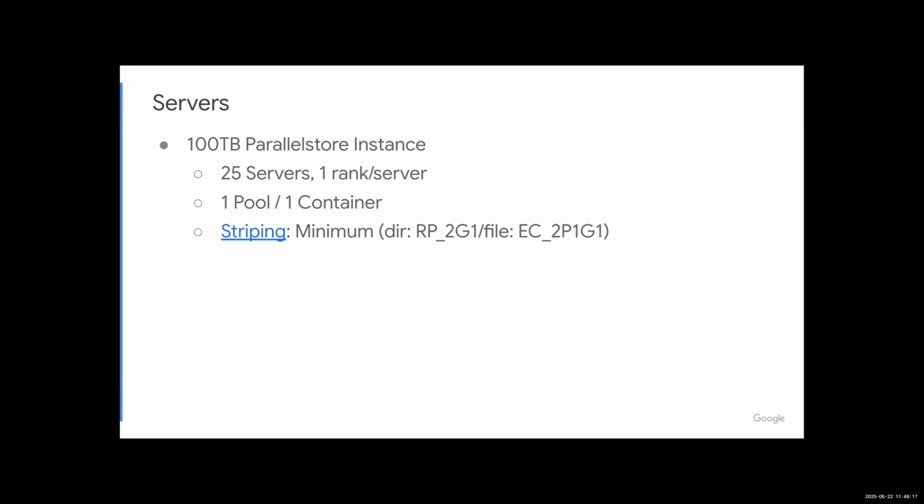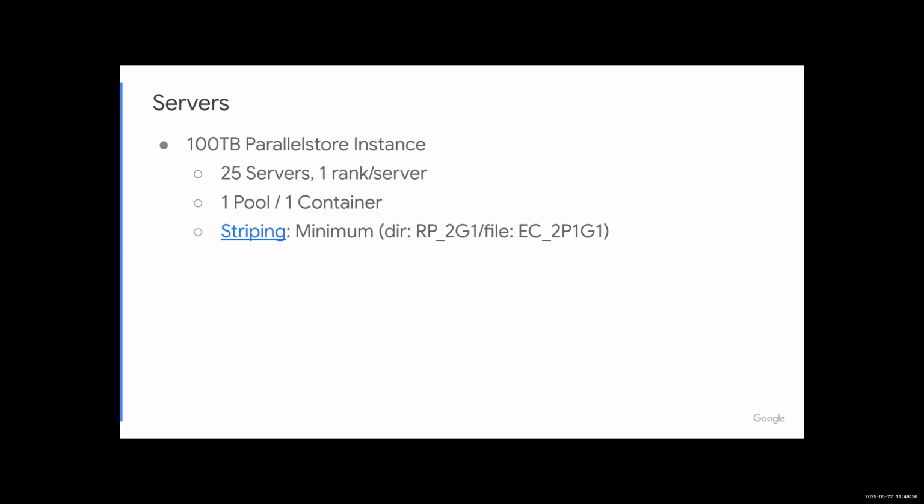In this case, I did the testing with a 100 terabyte Parallel Store instance. That's the largest we currently offer. That means there are 25 servers with 1 engine per server. As part of the service, we also create the pool and container behind the scenes for the user.